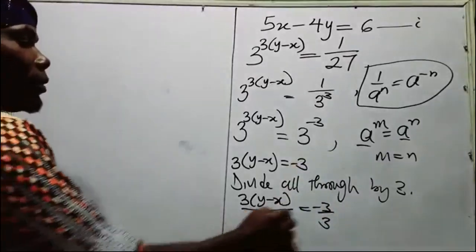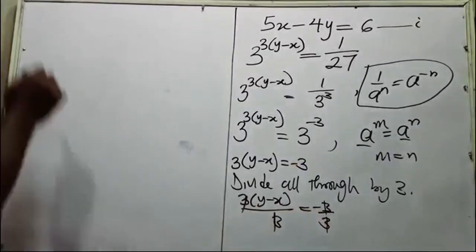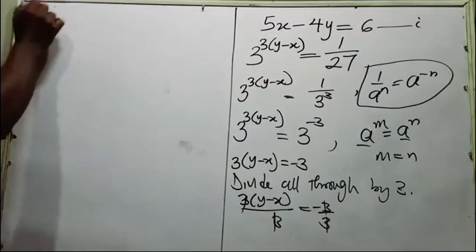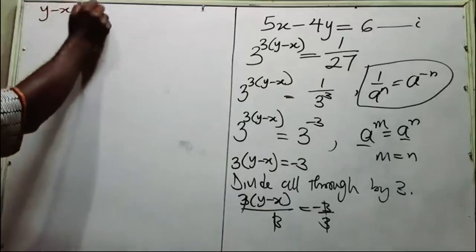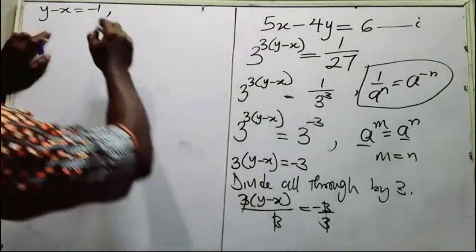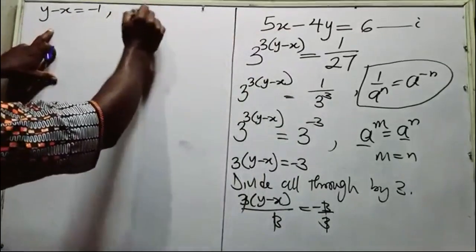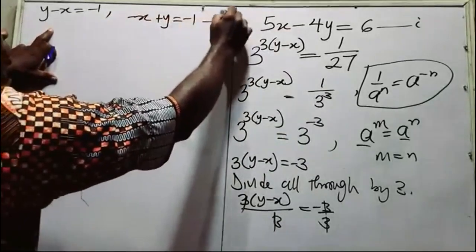Whereby we cancel this, we cancel this. So this equation will give us y minus x is equal to minus 1. We can rewrite it, because of equation 1, to have minus x plus y is equal to minus 1. We call this equation 2.